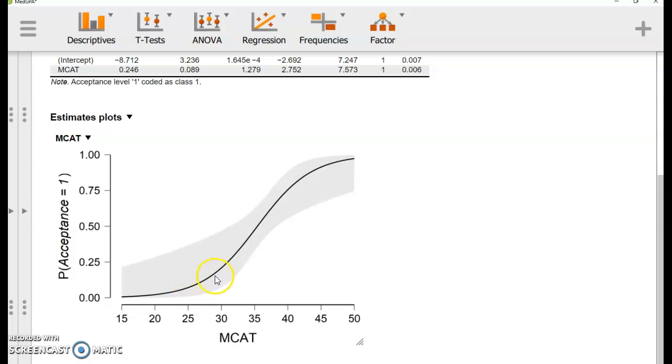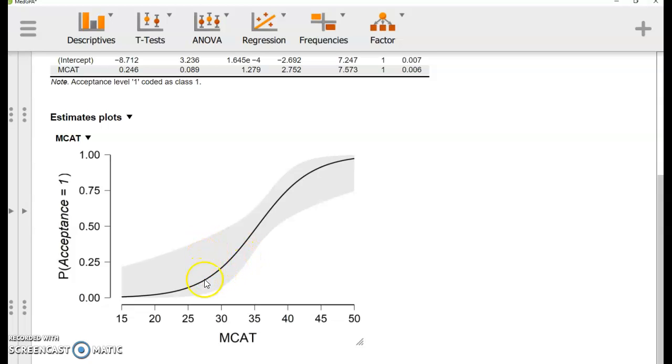Notice also that based on our data points, our best fitting line here is this black line, and then this gray area is our 95% confidence interval because we just have a sample here. We don't have the entire population.